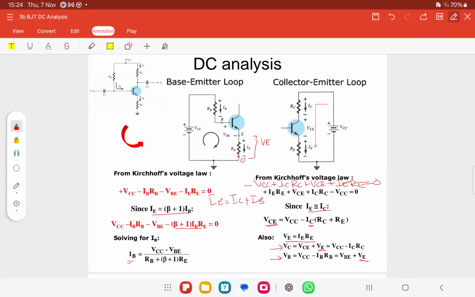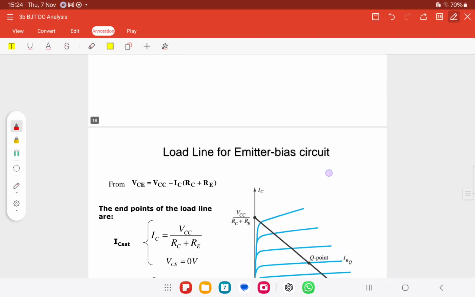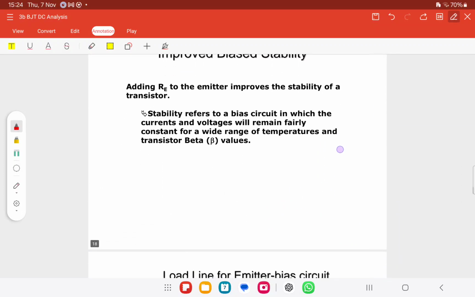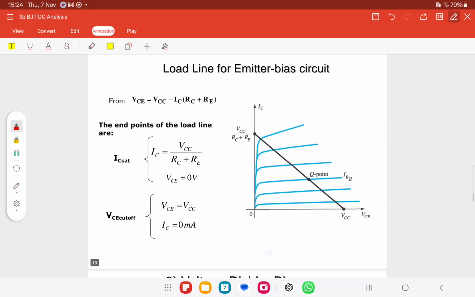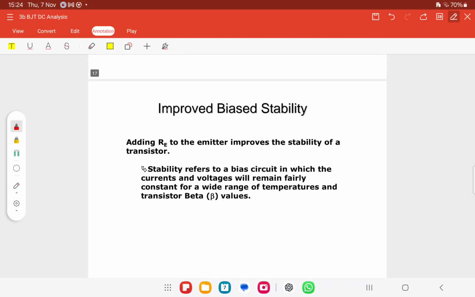Okay, boleh any question? Sekejap, nak buat one example? Okay, so yang ni sekejap load line. Okay, this one is just kita tengok ni sekejap. Improve stability. What is the perbezaan, the difference between the second one yang ada RE with the one yang tak ada RE?